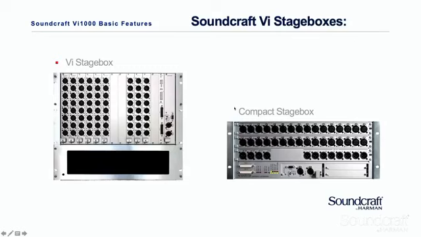And then we've got a compact stage rack on the right. What makes this one interesting is that it's got these three option slots in the front and two at the back. And then it's also got this additional slot that actually fits an option card.